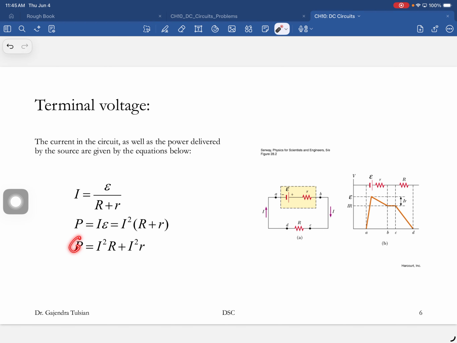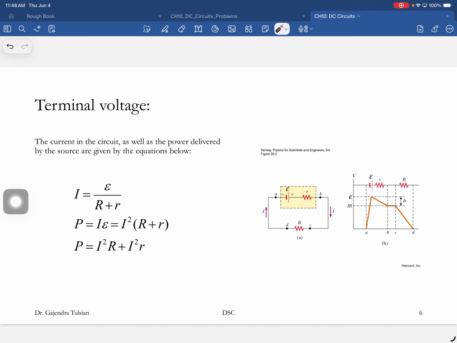Okay, so the power delivered by the battery, that's the energy delivered per second. This is the energy dissipated in the load. This is your useful work. What is this? Oh, this is lost to the internal resistance. That's the wasted energy lost to the internal resistance.